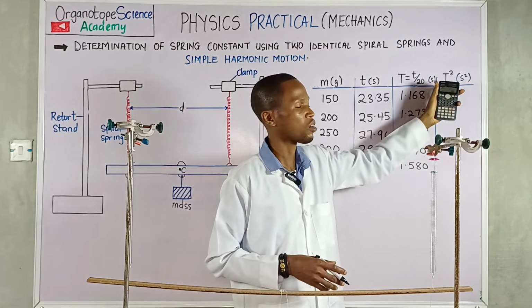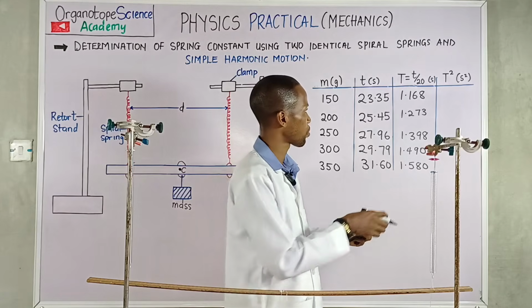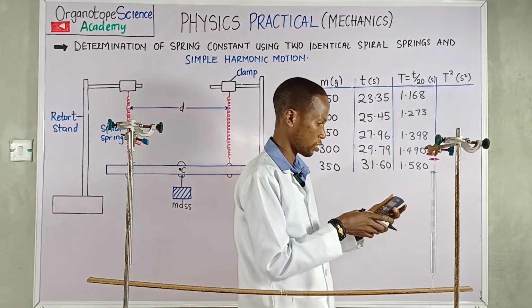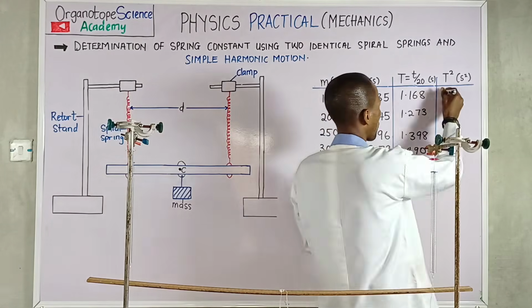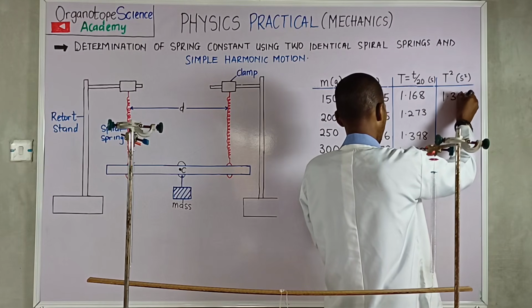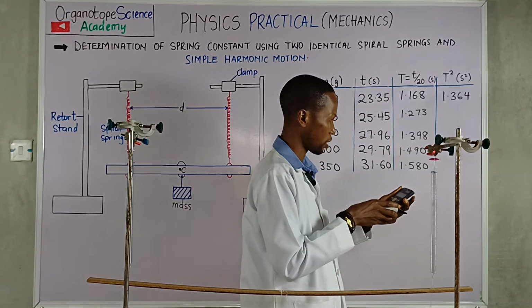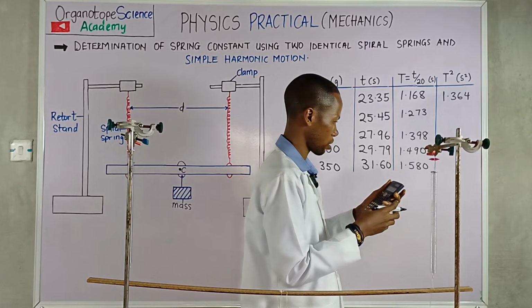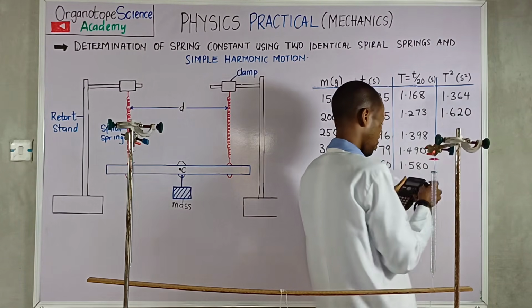Can we determine the value of t squared? We can have that to 3 decimal places as well. So for the first one, 1.168 squared, we have 1.364. Then the next one, 1.273 squared, we have 1.620.